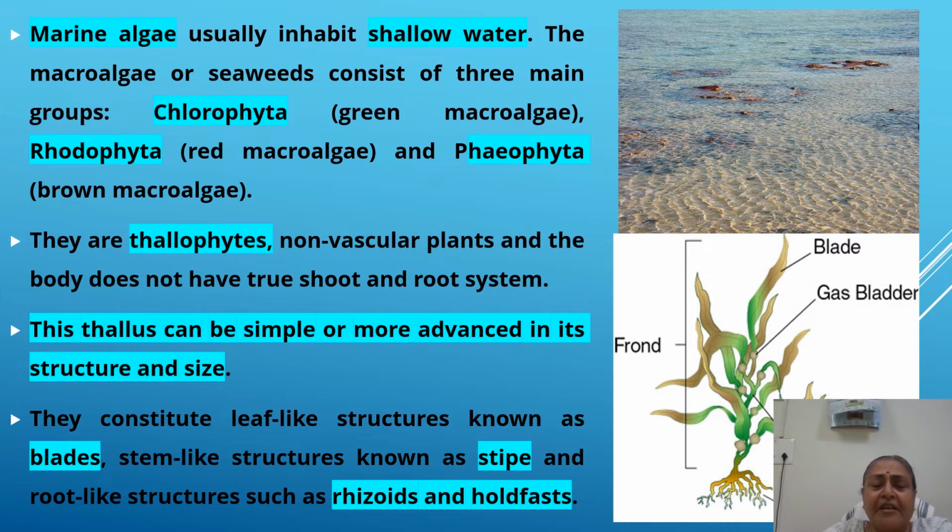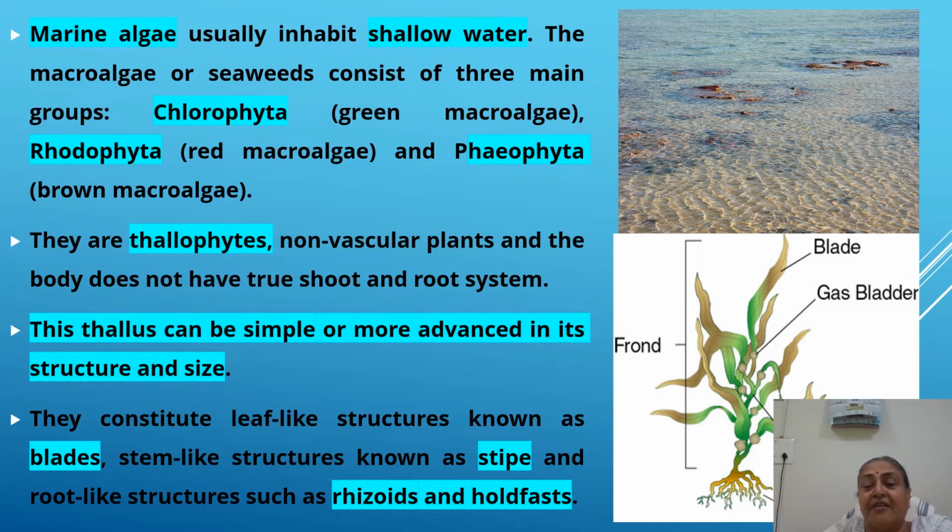Marine algae usually inhabit shallow waters. The macroalgae or seaweeds consist of three main groups: the green algae, Chlorophyta members; red algae, Rhodophyta members; and the Phaeophyta members, that is the brown algae, all of which reside in shallow marine waters, and their appearance and disappearance depends upon the low and high tides in the sea.